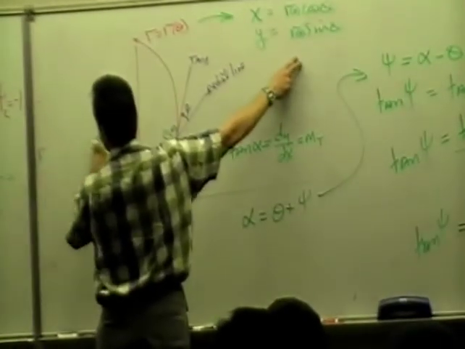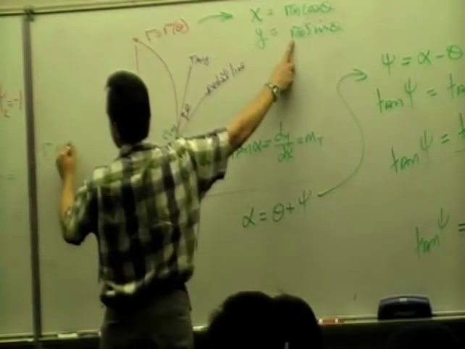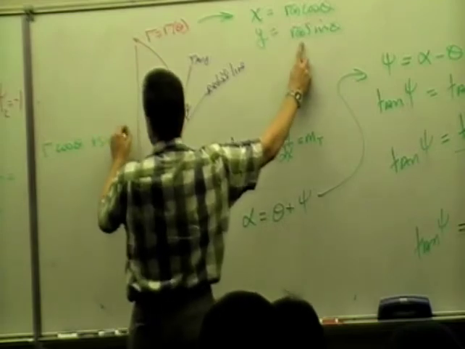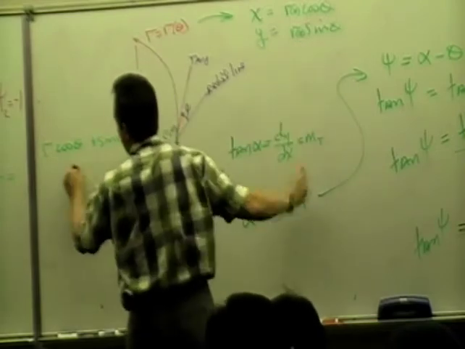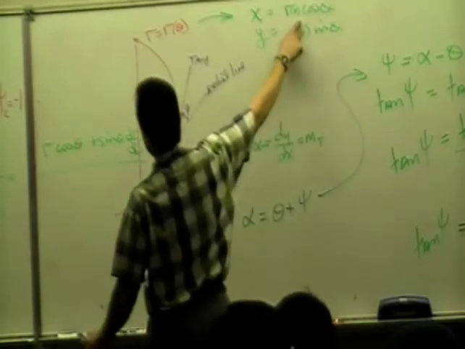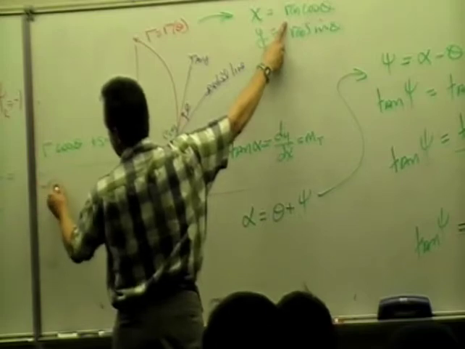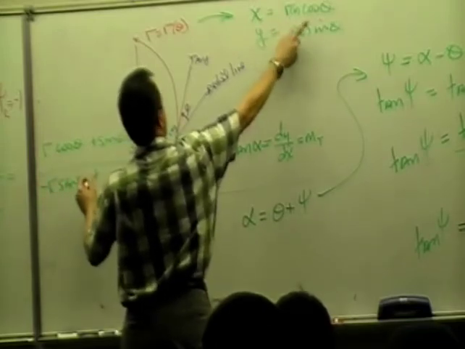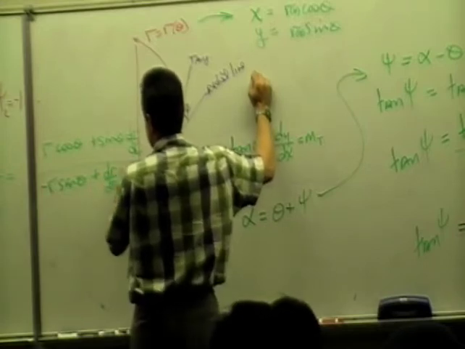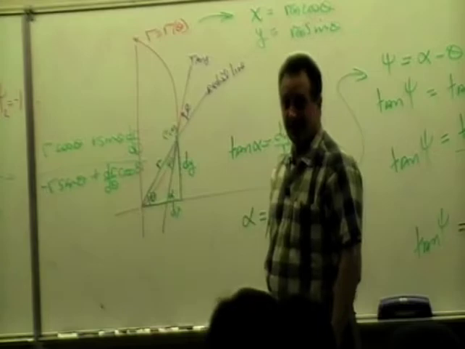First times the derivative of the second, r cosine theta, plus the second times the derivative of the first, r prime sine theta. All over, what's the derivative of x with respect to theta? That's going to be first times the derivative of the second plus the second times the derivative of the first. Right? Does everybody see that?